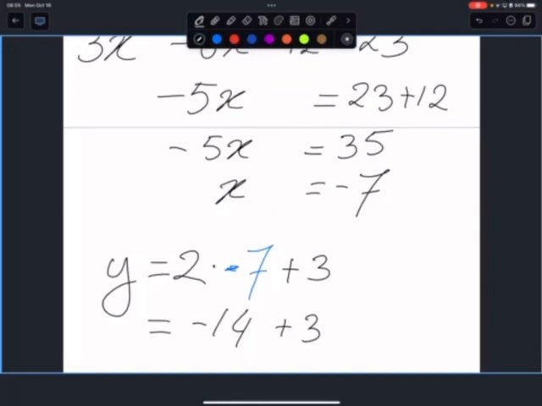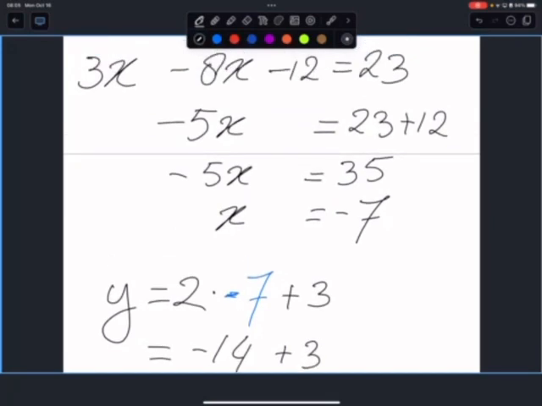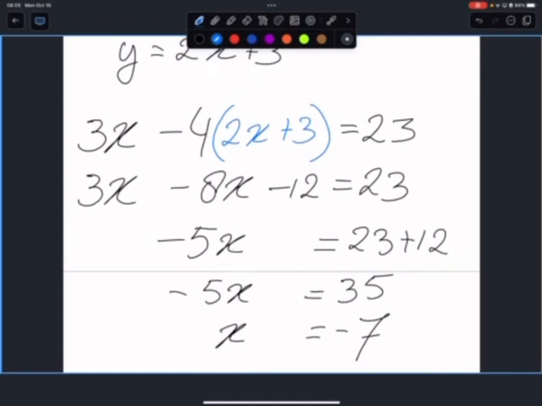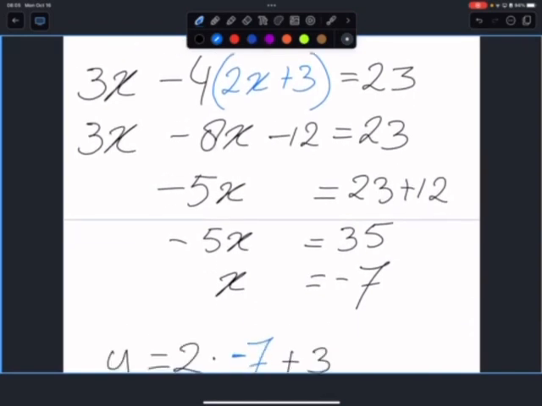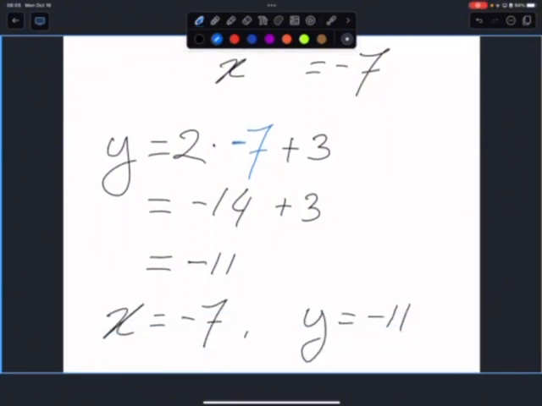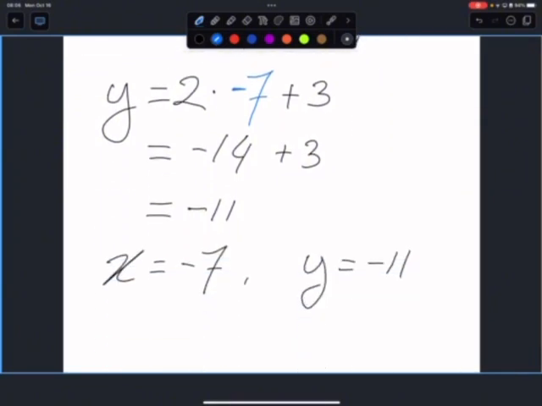That is the substitution method. Nothing you haven't done before. It's about muscle memory.